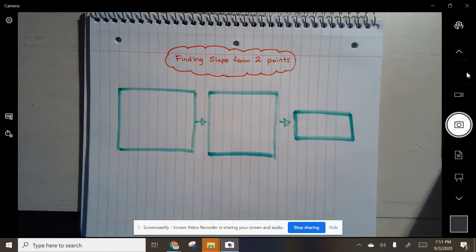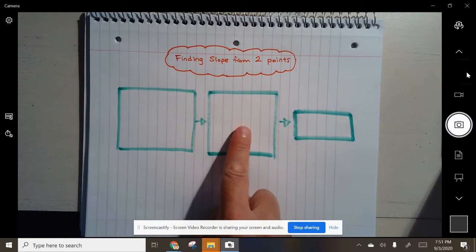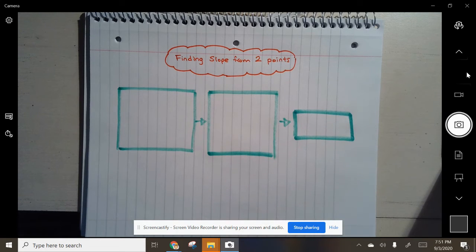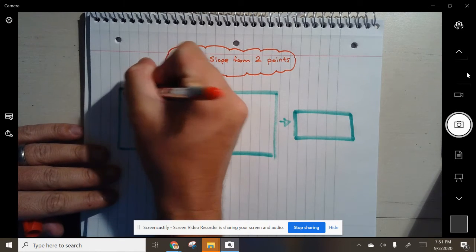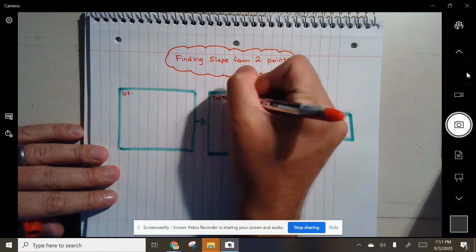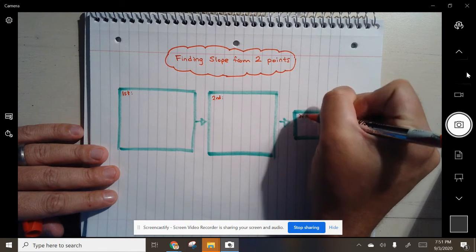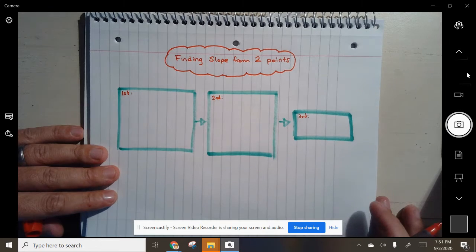Obviously, so you see the arrows, and this means that you're going to be going through step by step by step. Okay? Now, this will be first step. First, second, third.